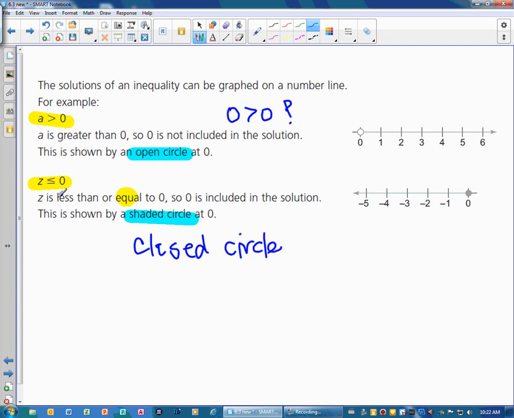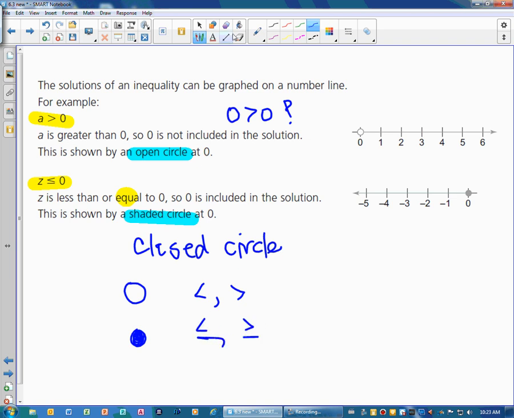Because the inequality is z is less than or equal to 0, we put a closed circle on 0, and then it's anything on this side. So open circles for greater than or less than, closed or shaded circles for less than or equal to, or greater than or equal to.